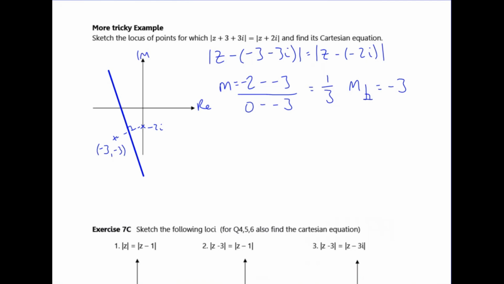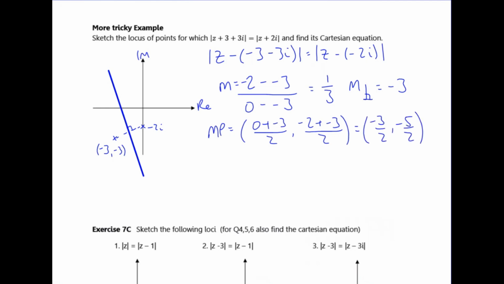So the perpendicular gradient, if it changes sign, is minus 3. The point it goes through is the midpoint, so the average of those coordinates, 0 plus minus 3 and minus 2, 2. That gives me the point minus 3 over 2, minus 5 over 2.